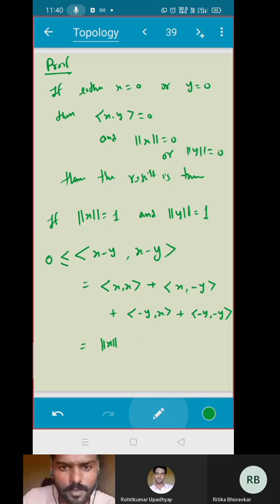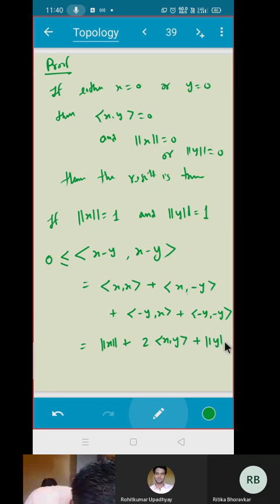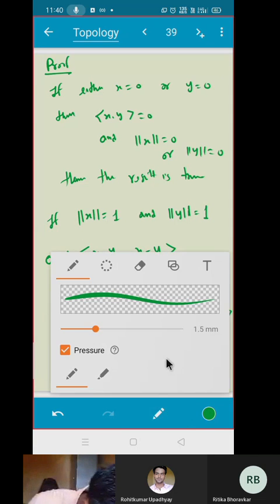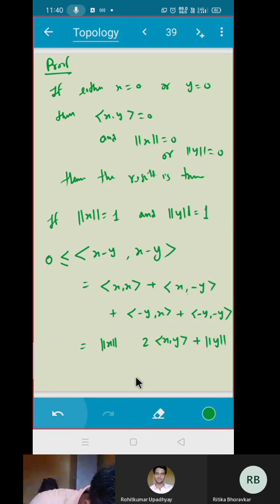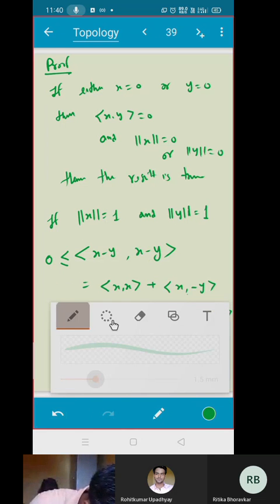Do you understand or not? So can I just quickly write it as minus 2 times inner product of x comma y? And here can I write just norm y squared? Just check and tell me. This should be minus. Yes, good. Do you agree, everyone?